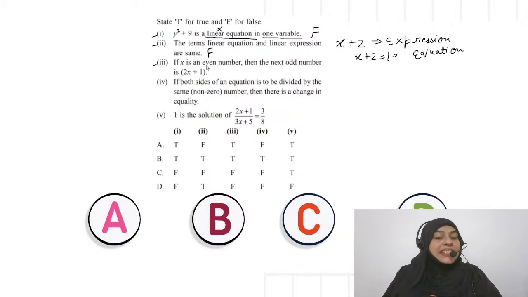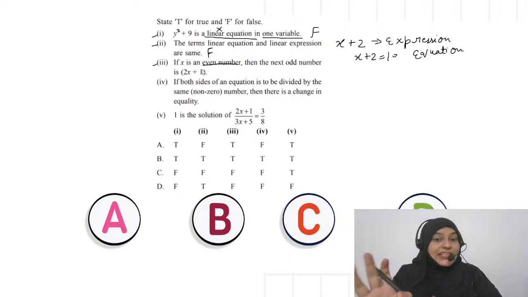Now come on to the third. If x is an even number, then the next odd number is 2x plus 1. What do you think about it? For these kind of questions, we can check for any value of x.